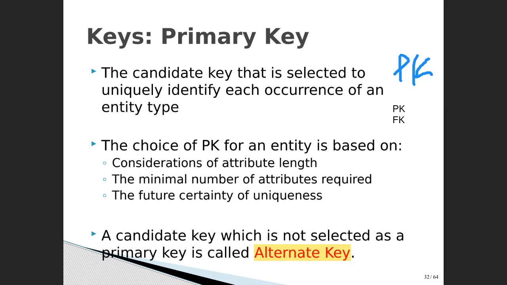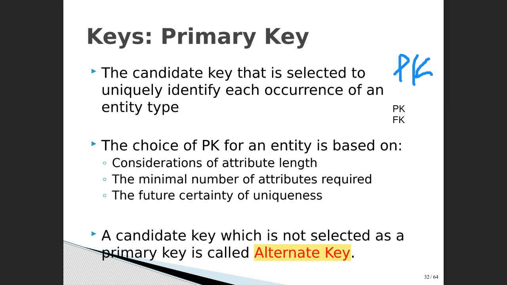How about if we have, for example, one entity that requires more than one primary key? It happens, right? Let's talk about this example, property for rent.